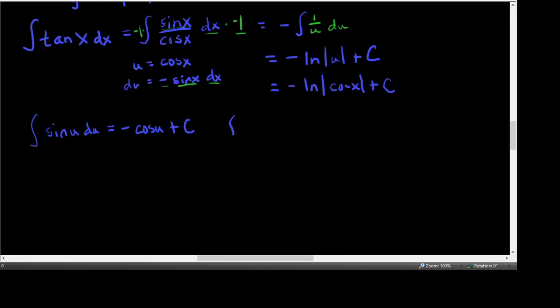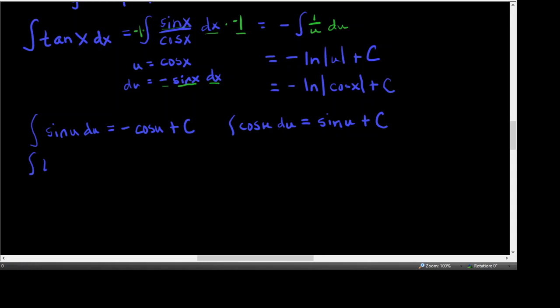The antiderivative of cosine of u du is sine of u plus c.